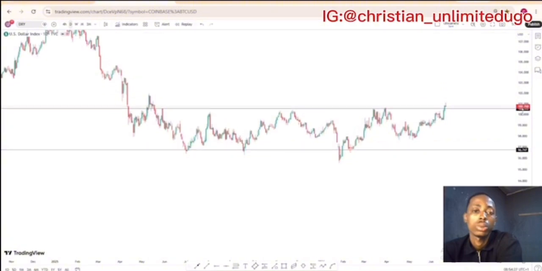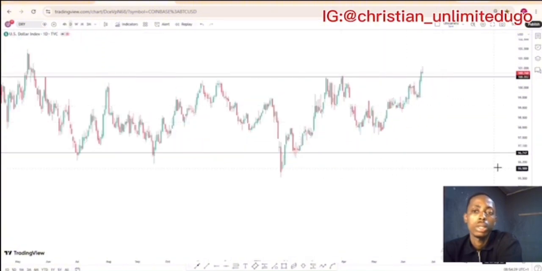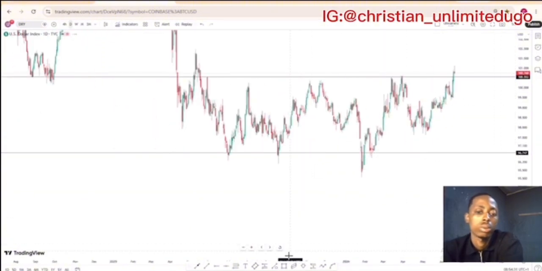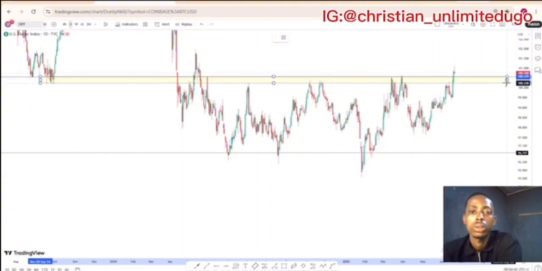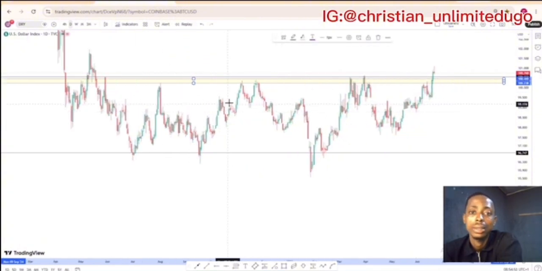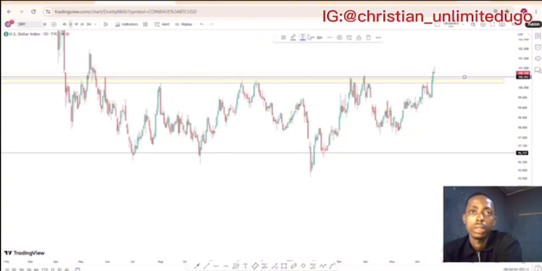On my daily time frame, I'm going to bring out my rectangular option to zone the market properly, because I don't use the horizontal bar except for the first markout, then I delete it.